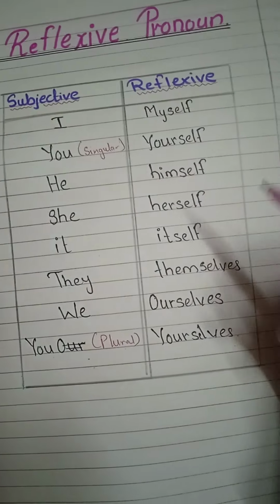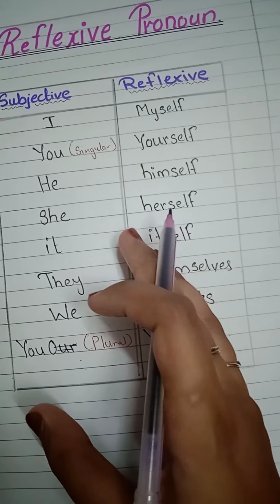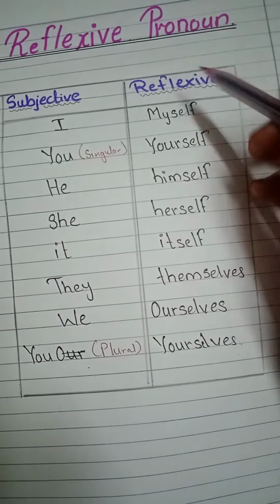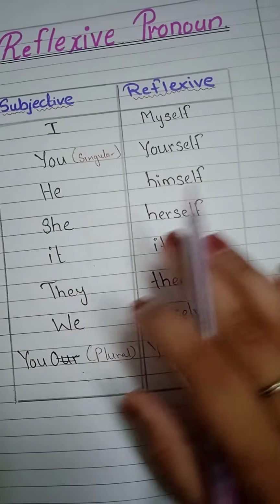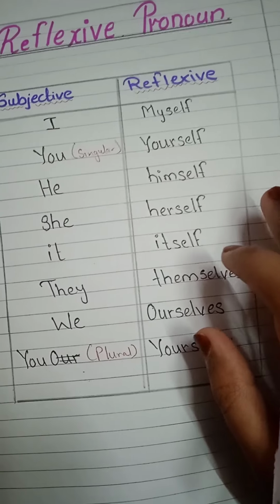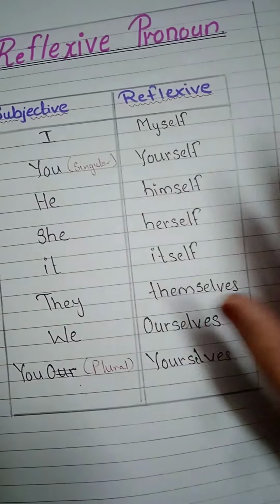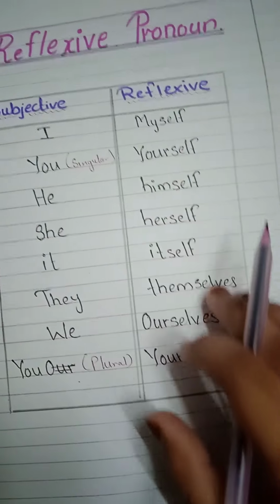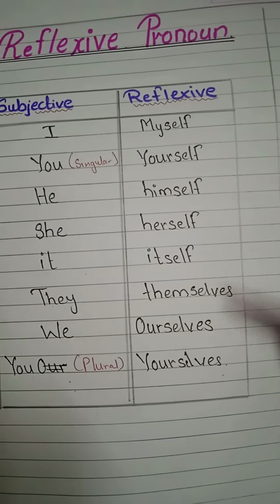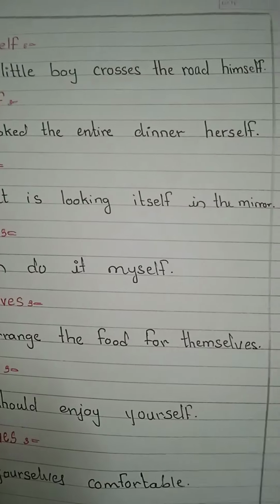Pronouns usually replace the noun and take the position of a noun in a sentence, but reflexive pronouns never replace any noun or pronoun. Without disturbing their actual position, they take their place in the sentence. So these are the reflexive pronouns. Now we are going to see some examples.